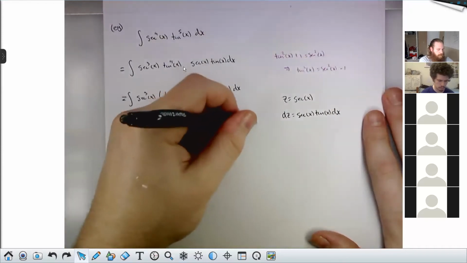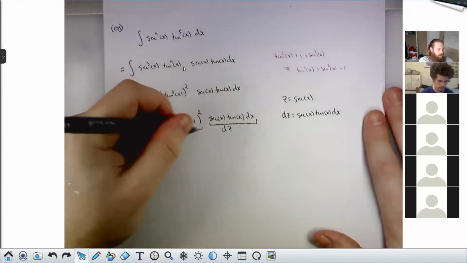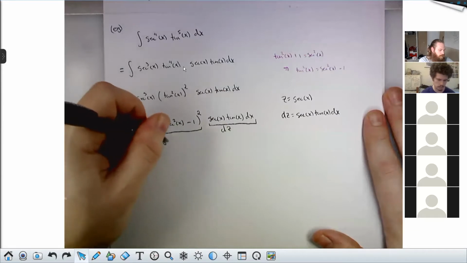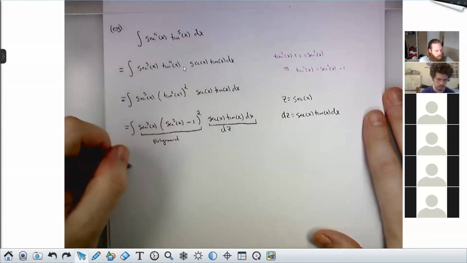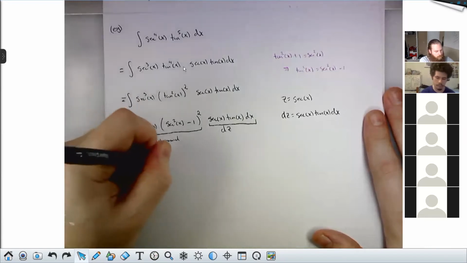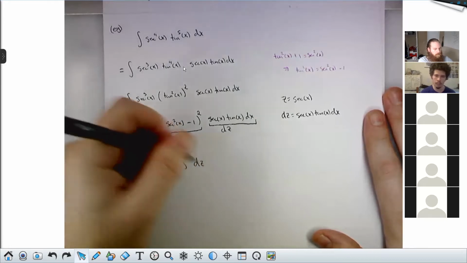So this piece would be dz, and this piece will be a polynomial. Specifically, z cubed times quantity z squared minus 1 squared, and then dz.